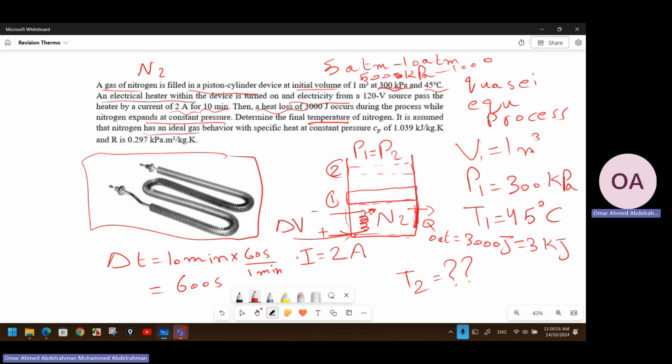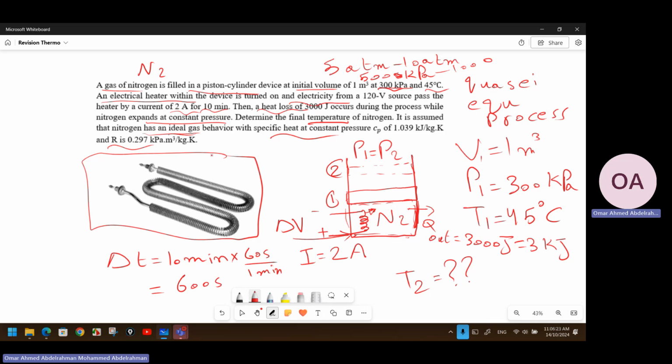Okay? So I know that I will use the ideal gas equations in this question because I have this assumption. And then he said that I have the constant pressure specific heat Cp, okay? And I have R, the gas constant.